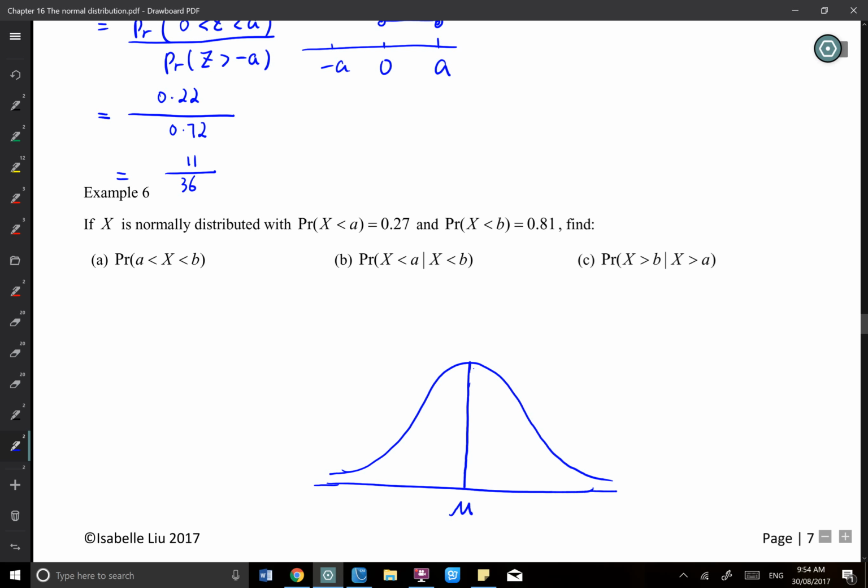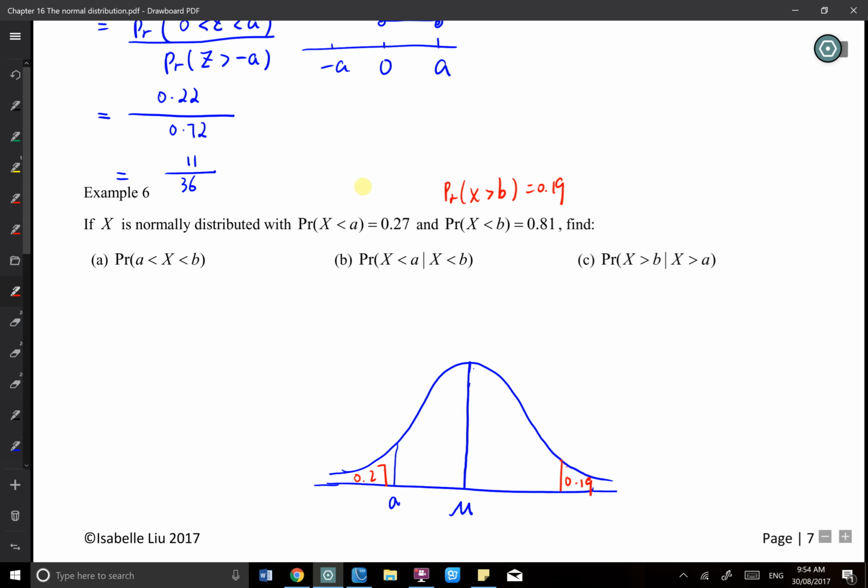Less than a is 0.27, and less than b is 0.81, so greater than b must be 0.19. I'll say it's here, 0.19, and on this side is 0.81.